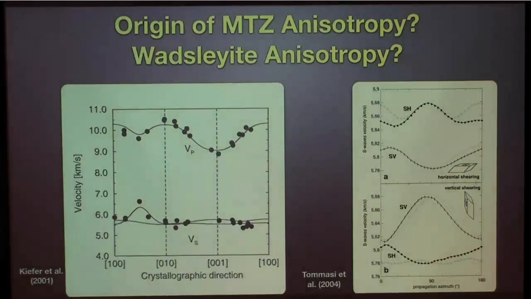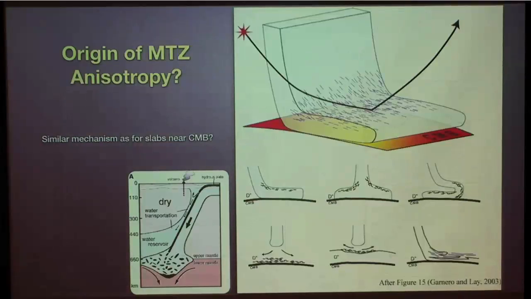Possible origin of anisotropy in the transition zone, that's a tricky one. Wadsleyite is seismically anisotropic. It's a possible candidate for the anisotropy in the top of the transition zone. However, ringwoodite is, according to pretty much all mineral physicists I've ever talked to, not seismically anisotropic. So it cannot explain anisotropy in the bottom of the transition zone. If that's really the case, then we need some other mechanism, like a shape-preferred orientation or alignment of something.